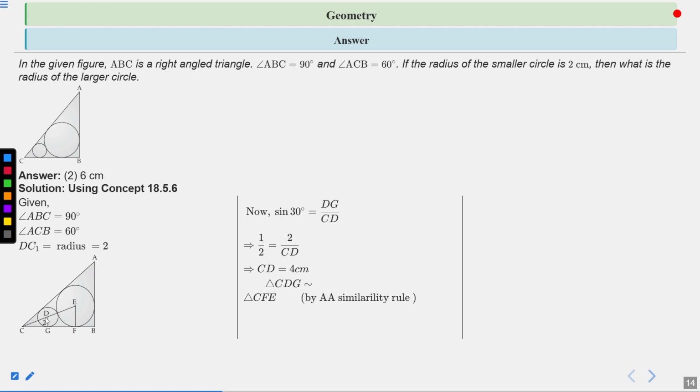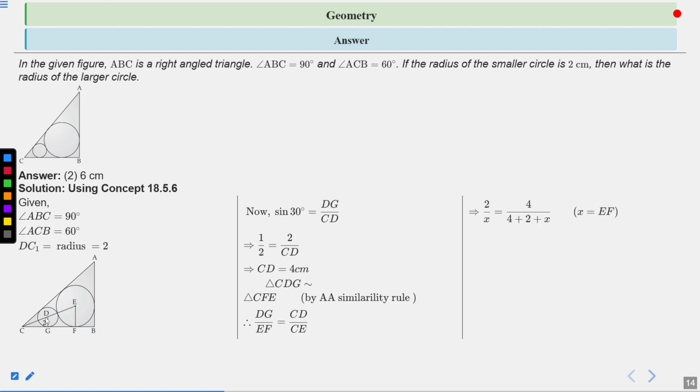Now the triangles CDG and CEF are both similar by AA similarity. So we can say that DG upon EF equals CD upon CE when both triangles are similar. So we can make the ratio between sides. Now we can put the values.